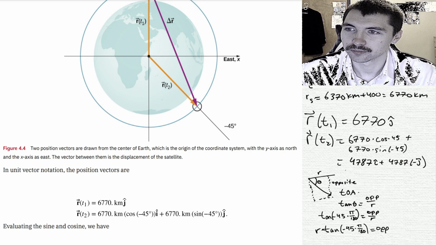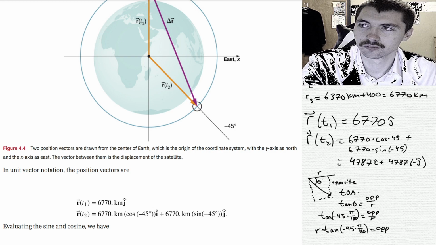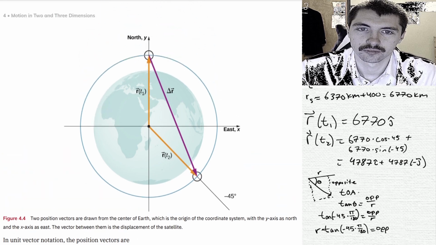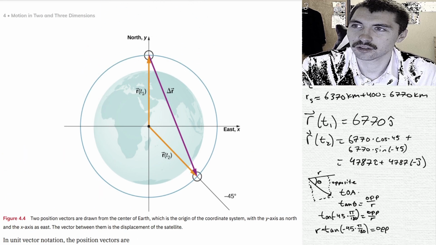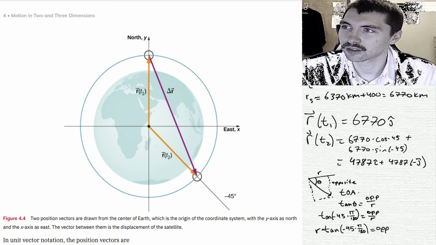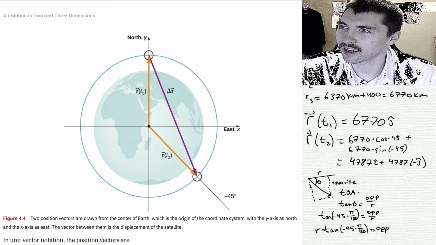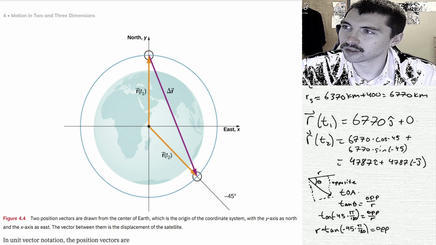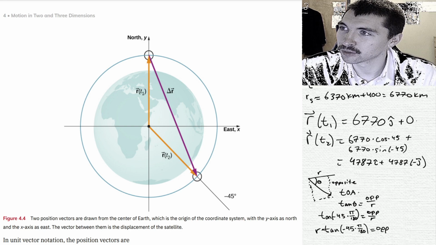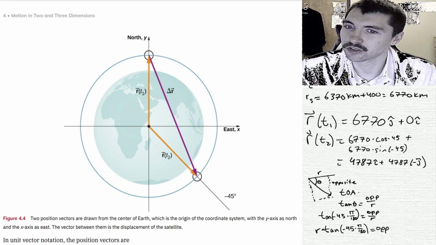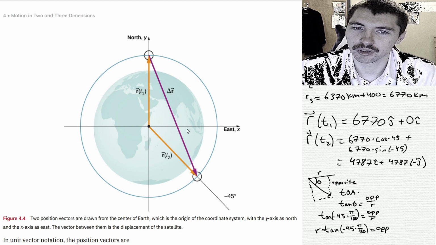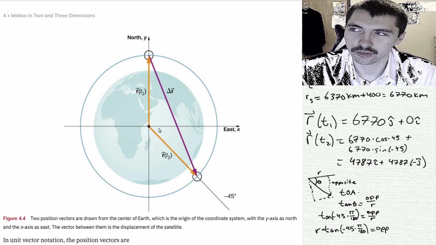So here, if you want to know why, like where's the I hat, if you want us to spell it out for you, it's going to be I hat plus 0 I hat. Remember, I is the x axis.